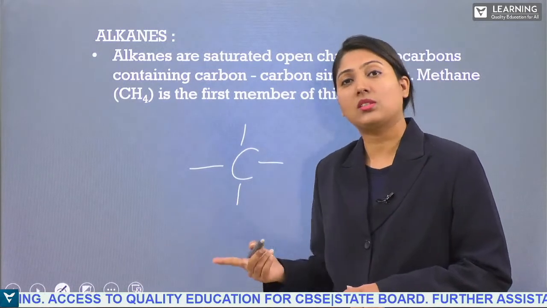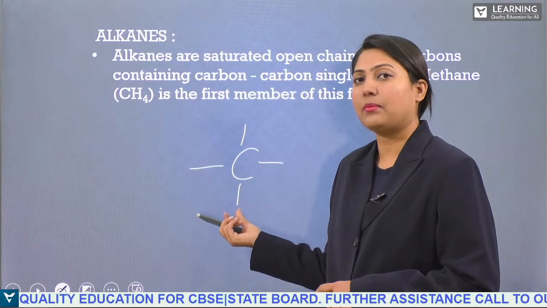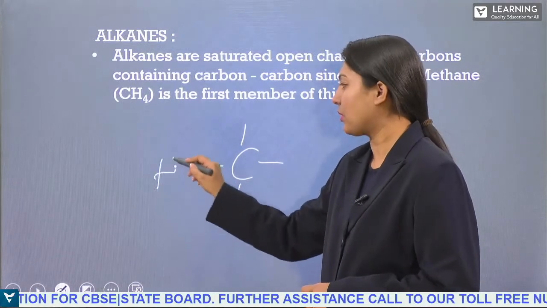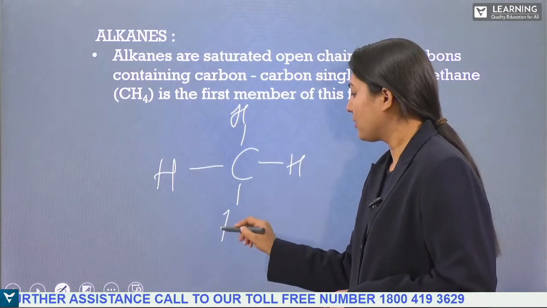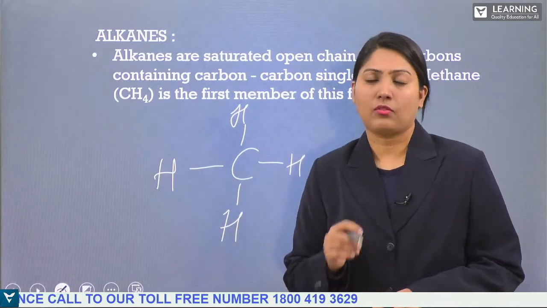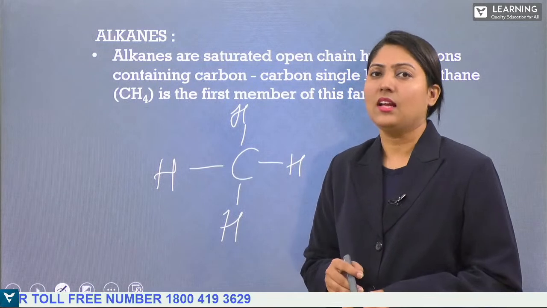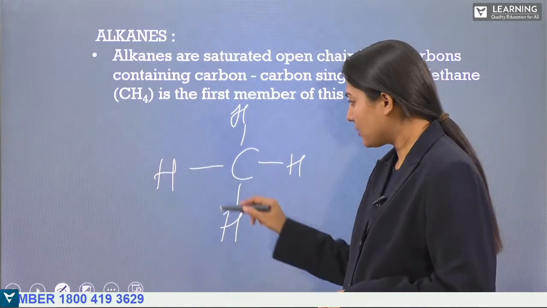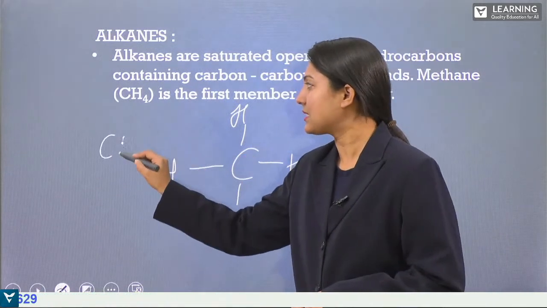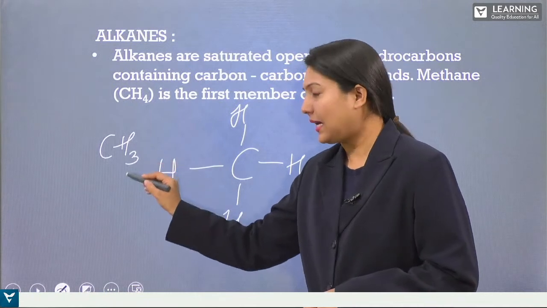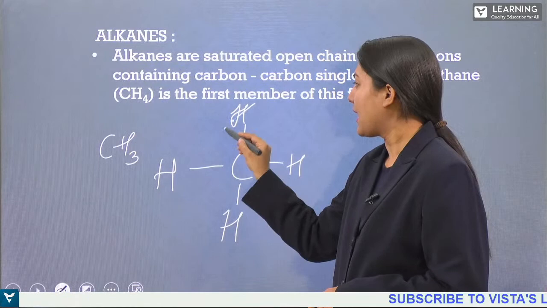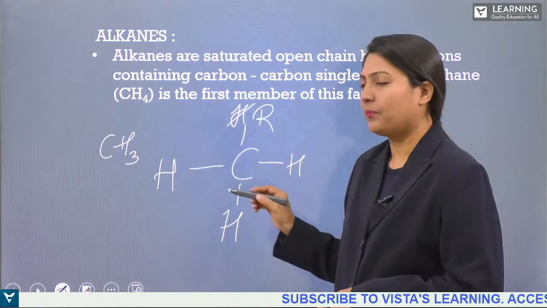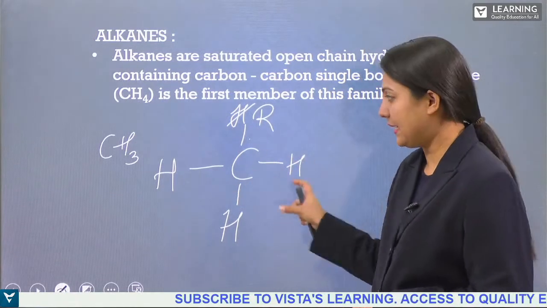So how many hydrogens should be provided for this carbon atom? Obviously it will be 4. So we have 4 hydrogen atoms for one single carbon atom. This group with CH3 will be called a methyl group, where one hydrogen can be replaced by any other R group. Okay, that we'll study in detail.